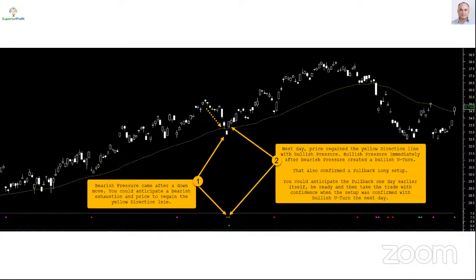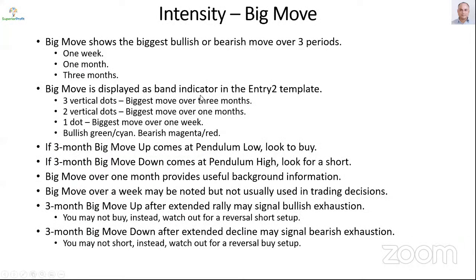We have another intensity indicator, big move. This is different from pressure. Pressure tells us today it is intense or not, or today there is a U-turn or not, but big move has a different use. It shows the biggest move, bullish or bearish, over 3 distinct periods: 1 week, 1 month, 3 months.